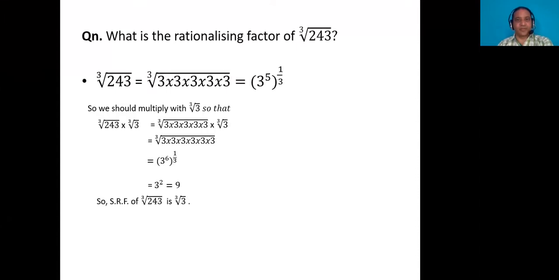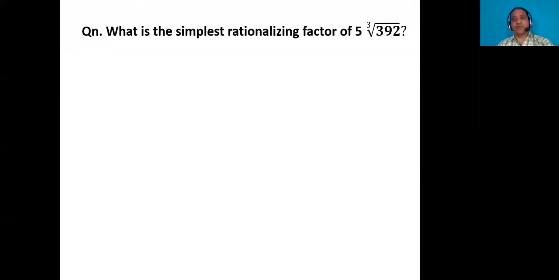This we did. So we were dealing with this problem, cube root 392. The factorization of 392 gives us 2 into 2 into 2 into 7 into 7. So we should have one more 7. As you see, this is a cube root, so for 7 also we should have power 3.